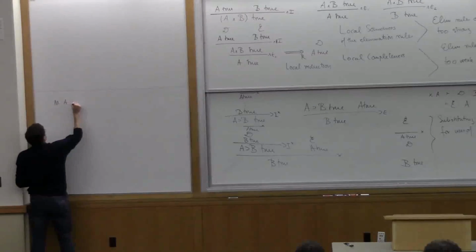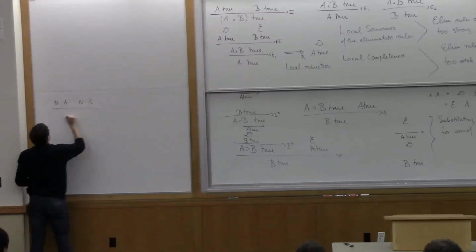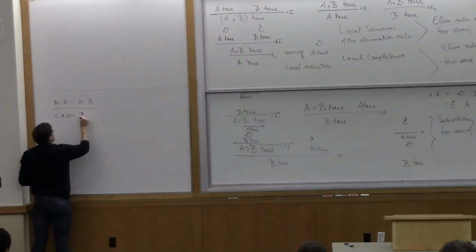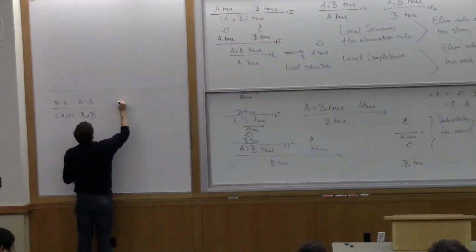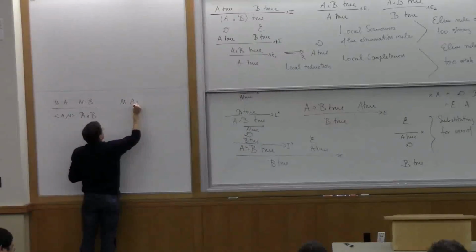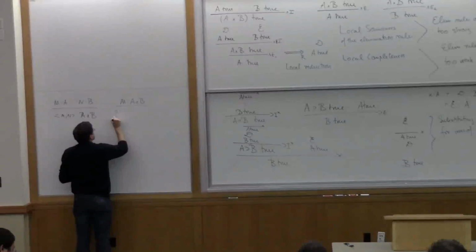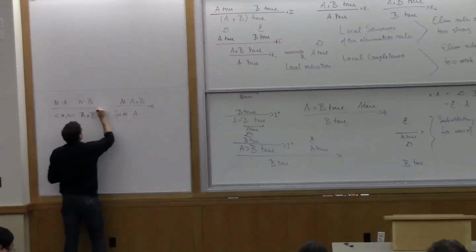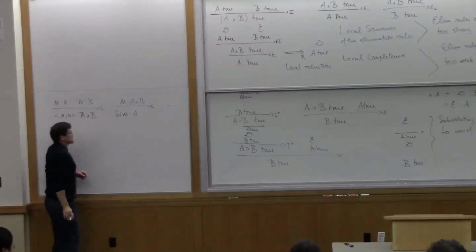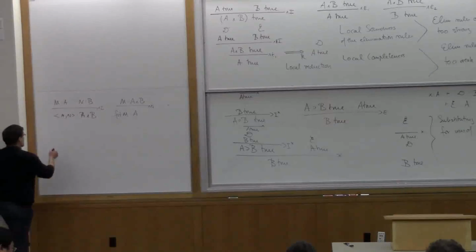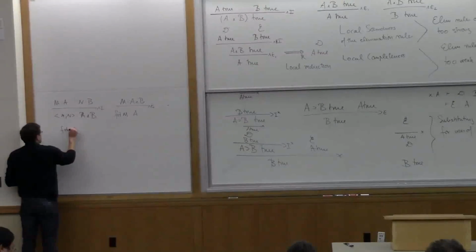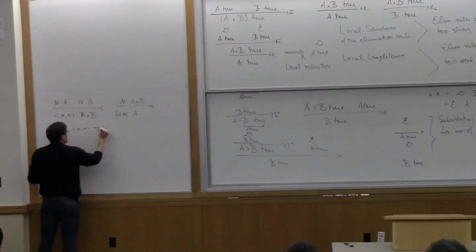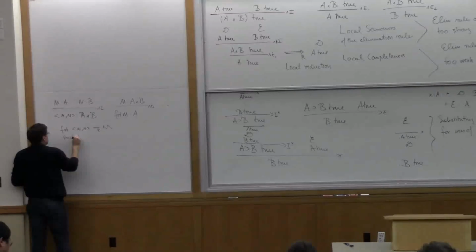M colon A, N colon B, then the pair M, N has type A and B. And if M colon A and B, then first of M is a proof of A, and the second one, of course, exists as well. And then the local reduction is just first of the pair M, N reduces to M, and the second of the pair M, N reduces to N.